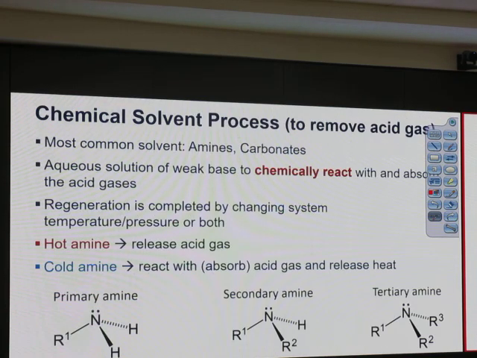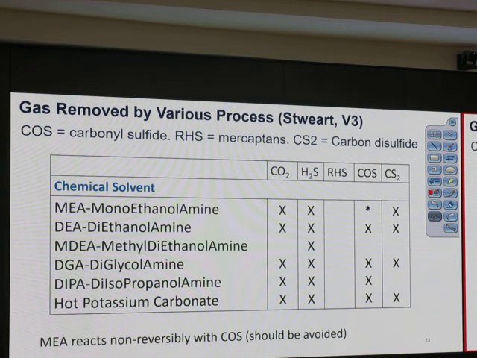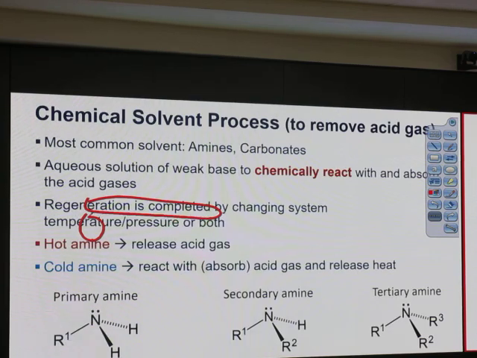Let's go back a little bit. Monoethanolamine, is that primary, secondary, or tertiary amine? Primary, correct. What about di? That's secondary. So diethanolamine has two of those.